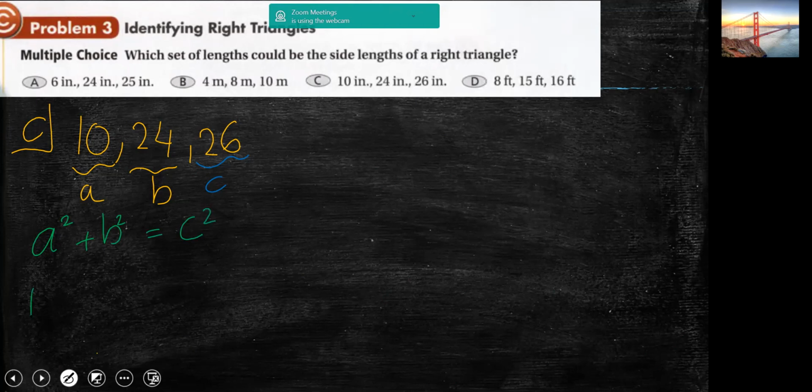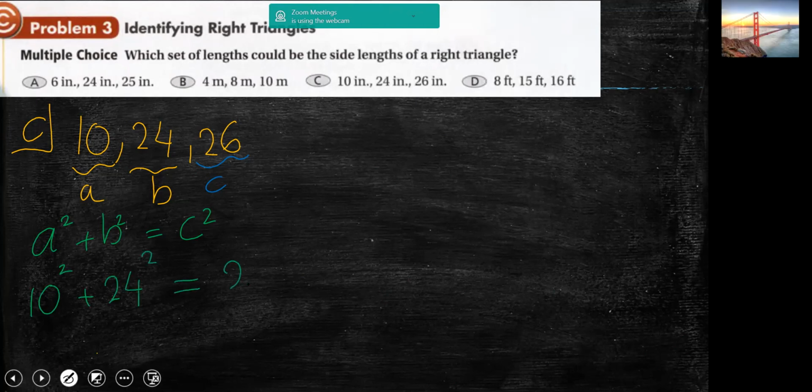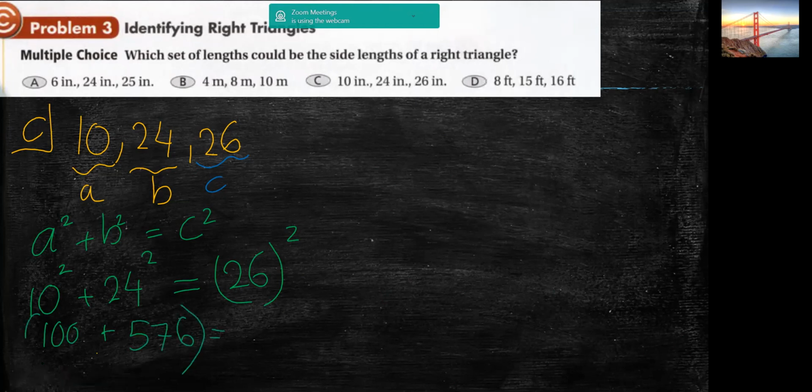Where is A? We say it is 10 squared plus 24 squared. Are they equal to 26 squared? 10 squared is 100, and 24 squared is 576. Are they equal to 26 squared? 100 plus 576: 6 plus 0, 6. 7 plus 0, 7.